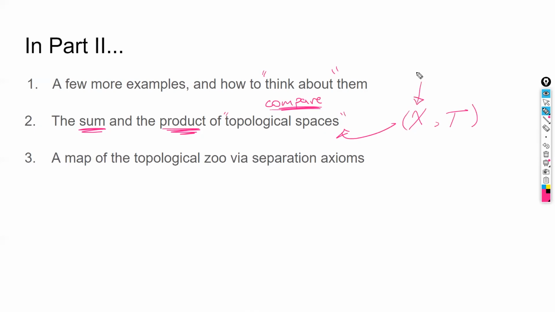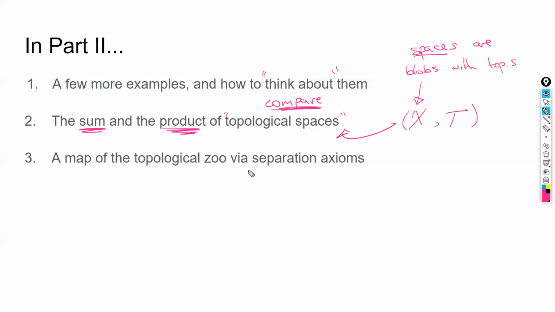So a space is a pair consisting of a blob or set with a topology on it.